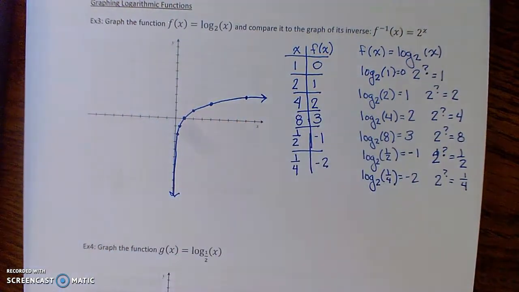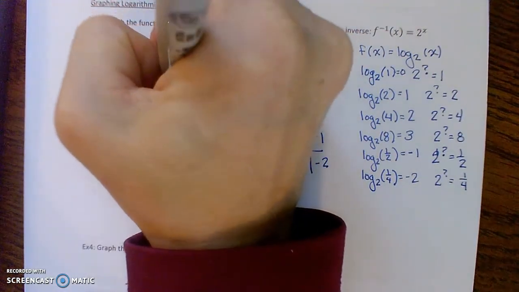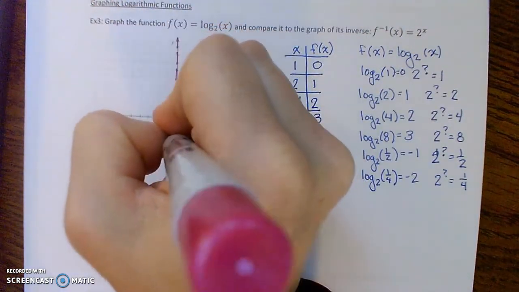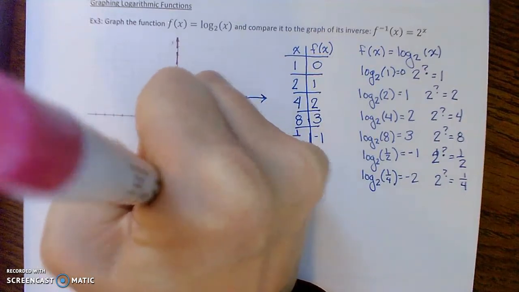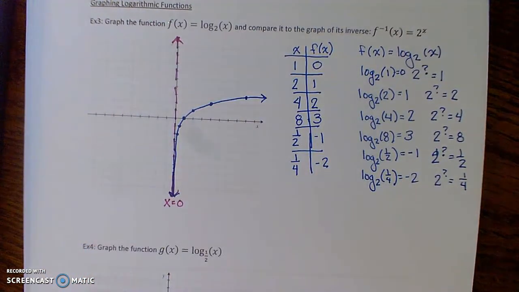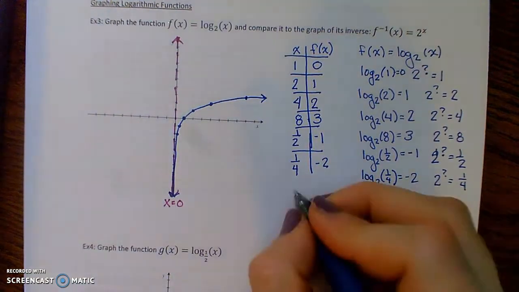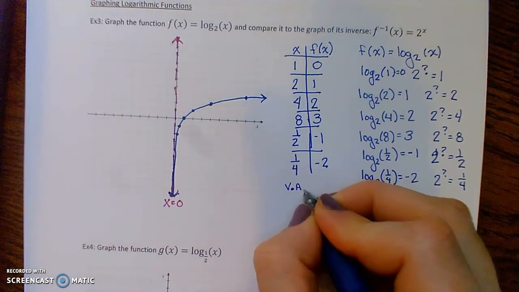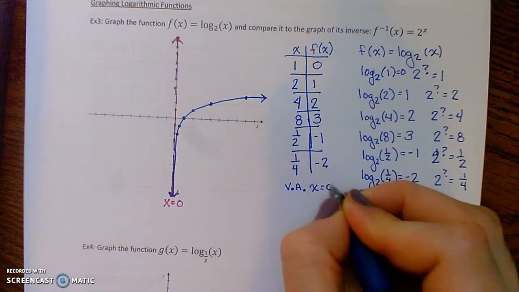What we're going to see is that we have a vertical asymptote right at x equals 0.